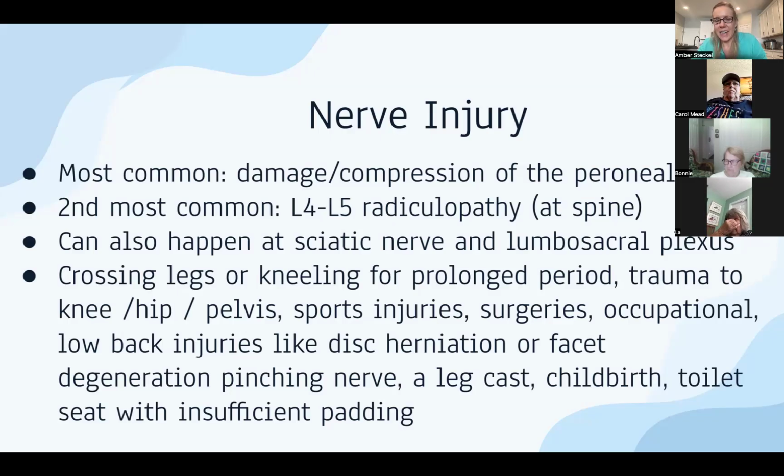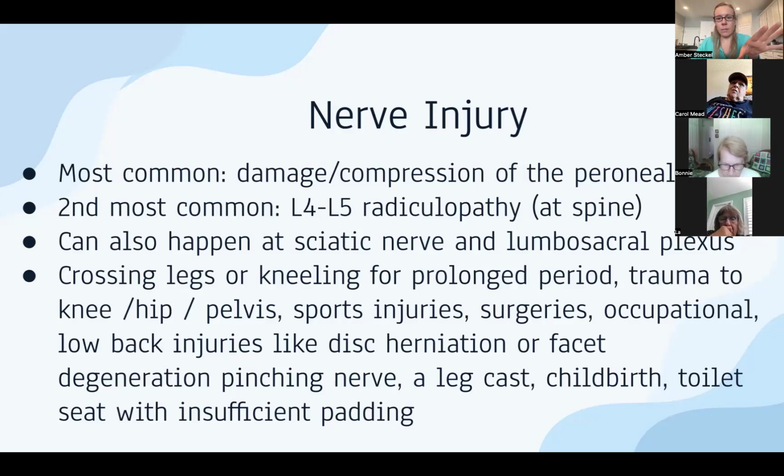So if you lose a lot of weight from cancer or from some other reason, and you're sitting on hard surfaces or just things like that, you could be more susceptible to a nerve injury.